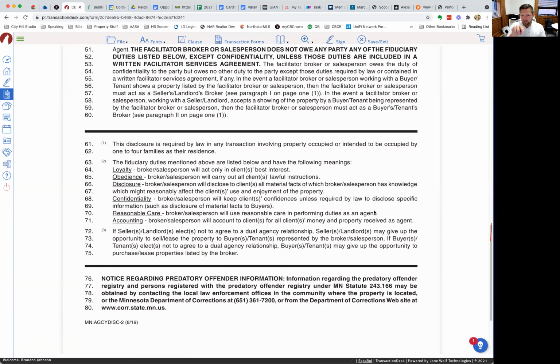So really this is now that second section right here. If you get a showing request and now you have the buyer represented under contract too, and you bring the buyer into that listing, now your buyer representation agreement is going to trump your facilitator services agreement.